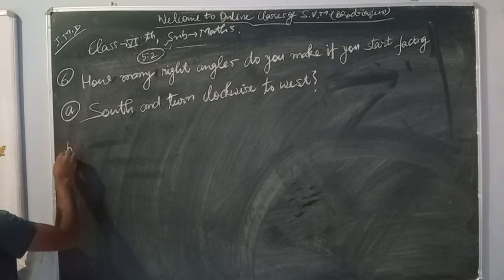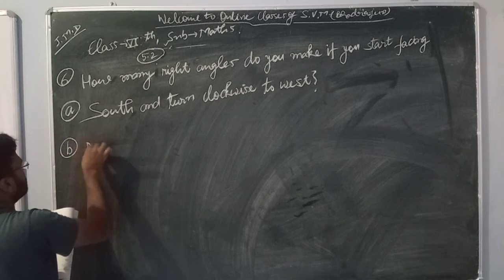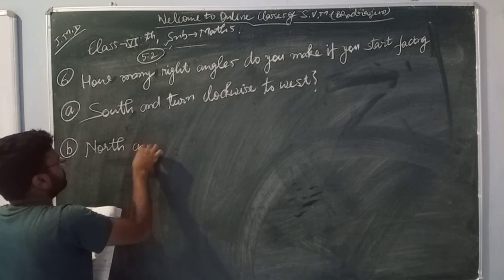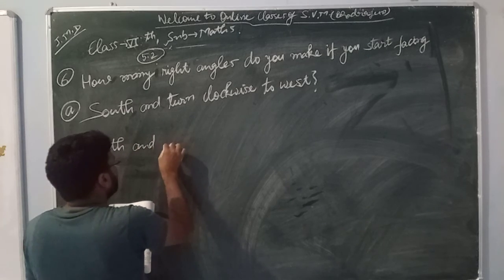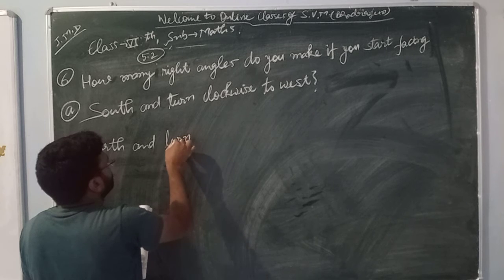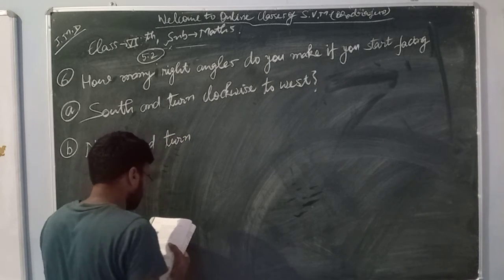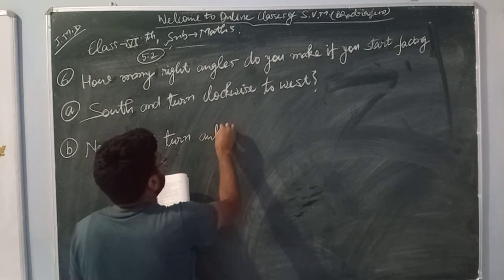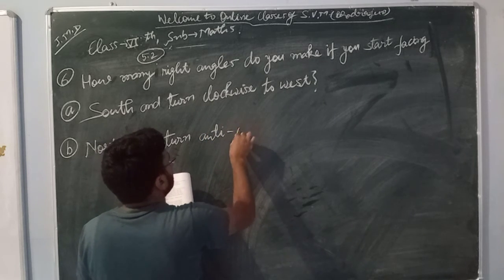Second part, part B, is what? North and turn anti-clockwise to east. North and turn anti-clockwise to east.